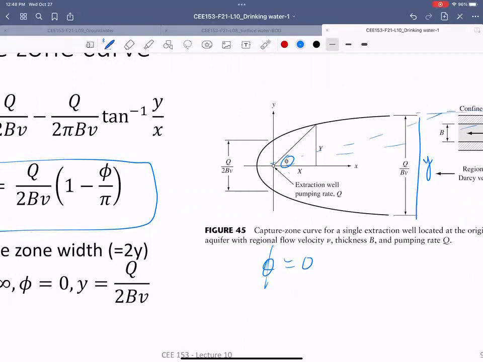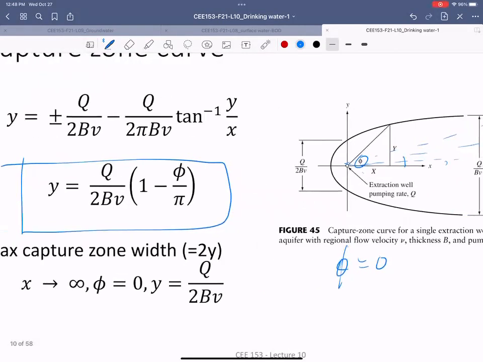Imagine this is going around, and the phi value is decreasing. As it goes to 0, at that point you don't influence anything. So at phi equal to 0, which is x equal to infinity, the value becomes this. So all you have to remember is this is the width for one extraction well.